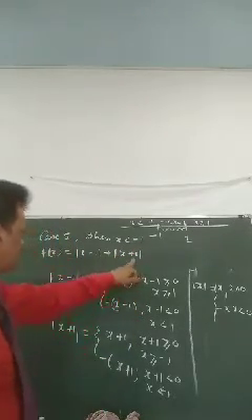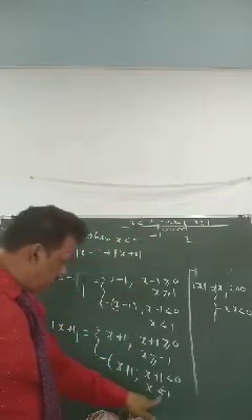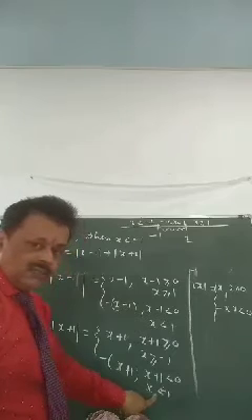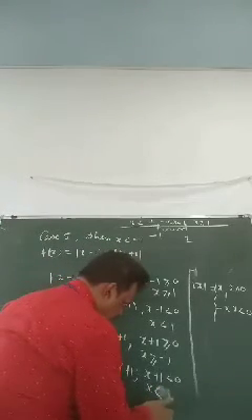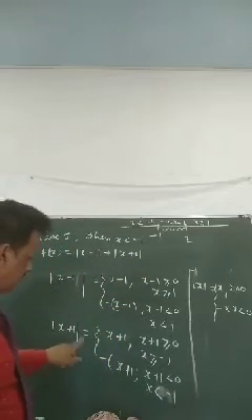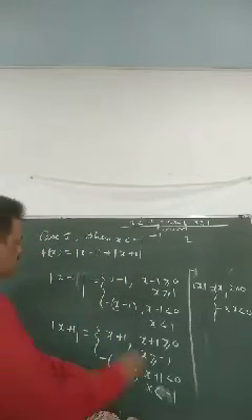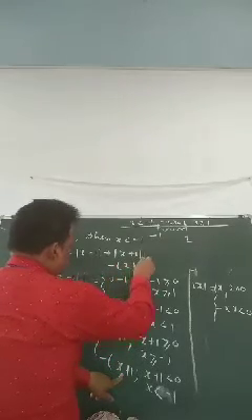What shall I write? When x is less than minus 1, look here. When x is less than minus 1, mod of x plus 1 is minus of x plus 1. So this comes directly minus of x plus 1.